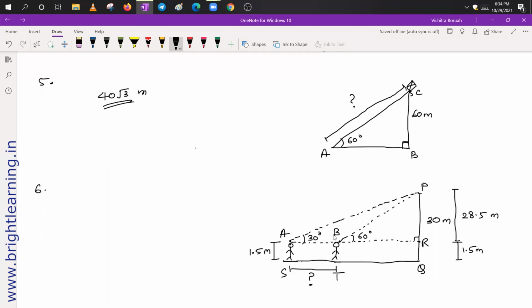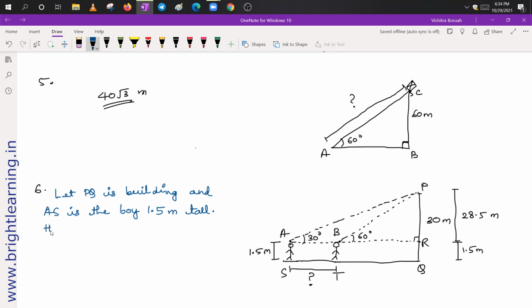Okay. Now look here. So here we will write that let PQ is building and AS is the boy, 1.5 meters tall.